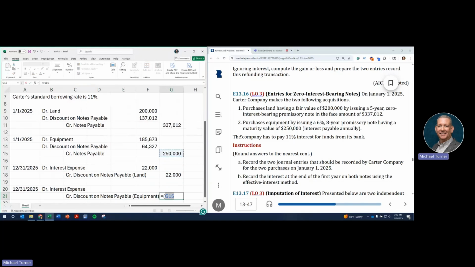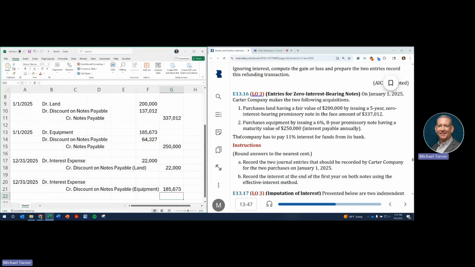So the net amount of the note payable, that's what we're trying to get towards, times 11%. The net amount is notes payable minus the discount, net of the discount or premium. In this case, it's a discount, so I'll subtract it. And I get $185,673, which we confirmed a moment ago because that's also the amount that we purchased.